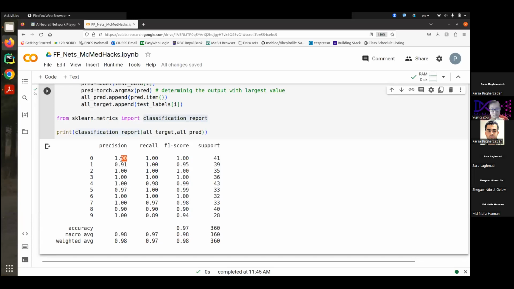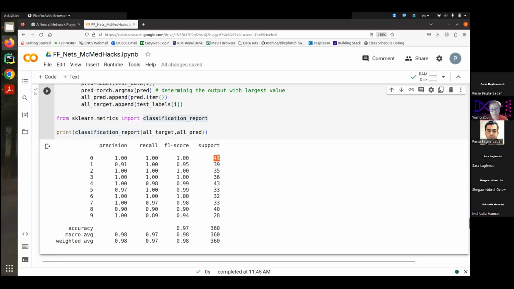Then you would be very precise. And you can have a perfect recall by declaring all of the samples as positive. But that's not really good. So you need a balance between precision and recall, which is realized in the F1 score, the harmonic mean of the two.